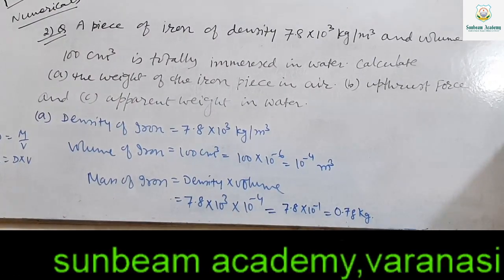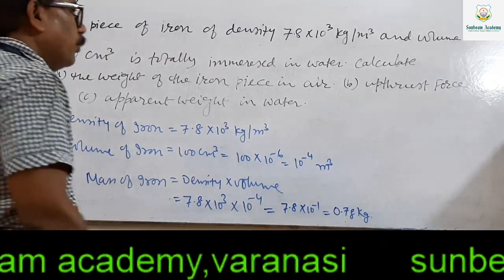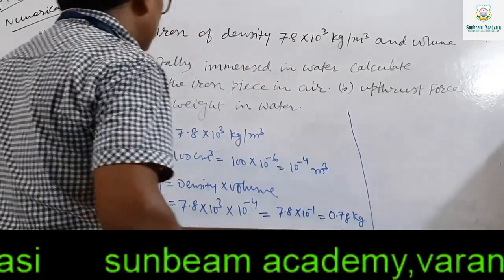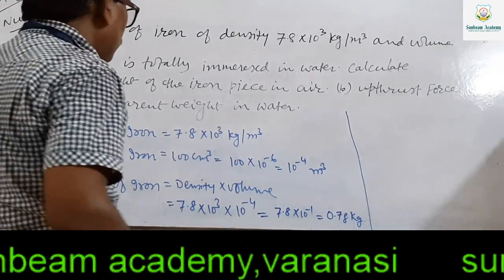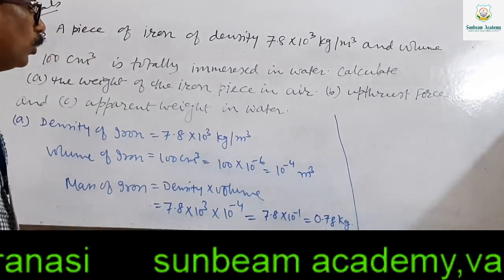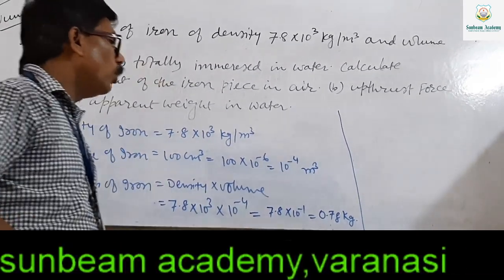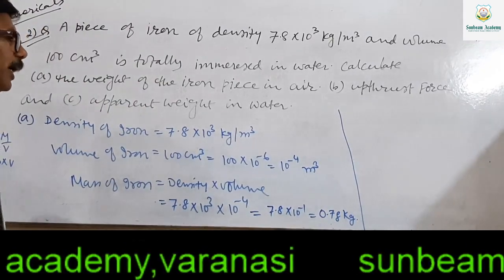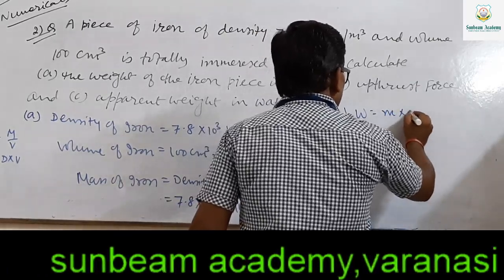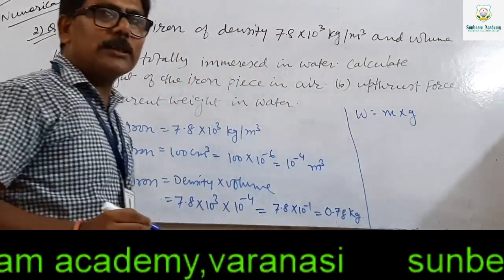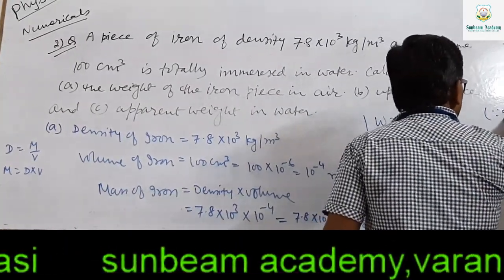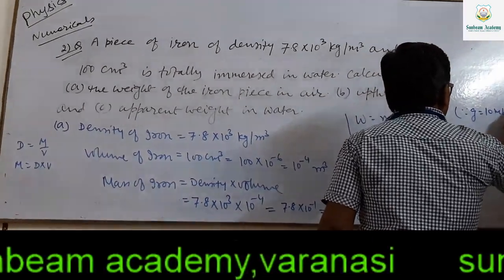Now what you have to find out? Weight of the iron piece. Weight is M into G, where G is acceleration due to gravity. Here we take G as 10 meter per second square.